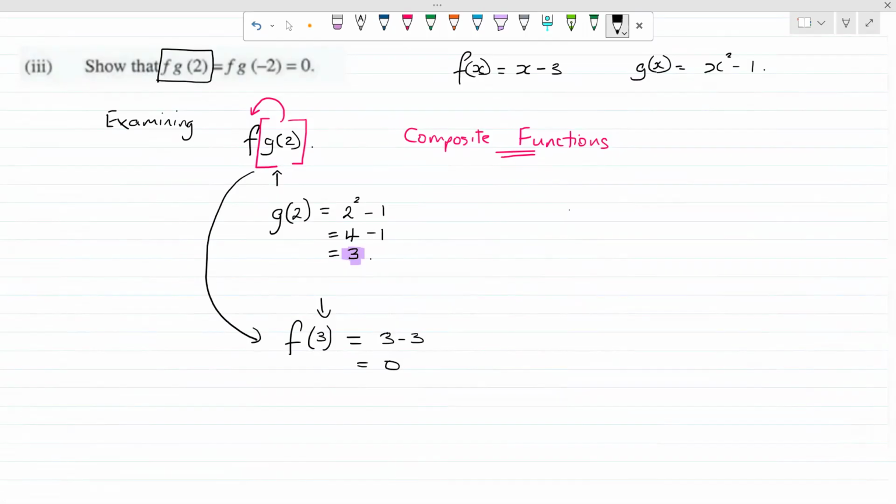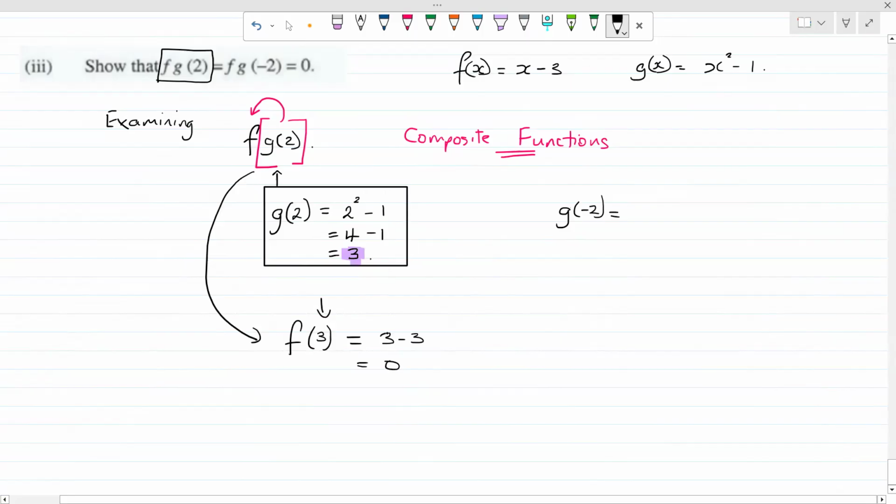Now look at this. g of negative 2. Right, let's just review this quickly. g of 2 is equal to 3. Everybody cool with this, right? We worked this out before. So the value of g of 2 is 3.